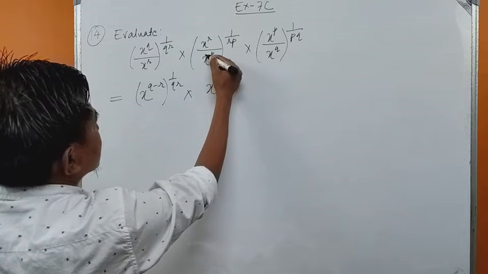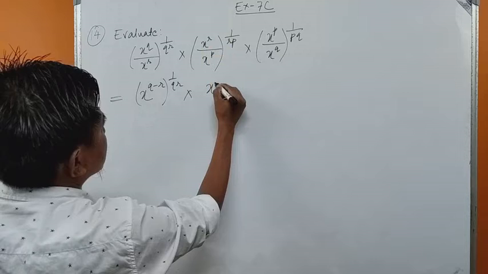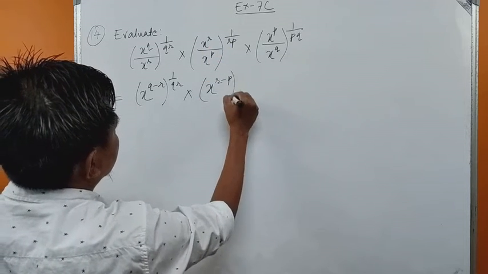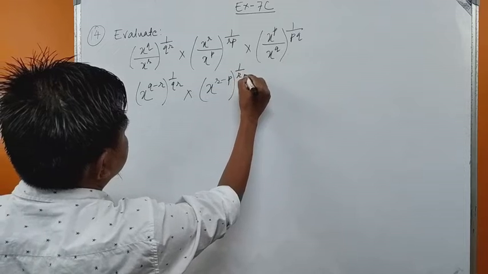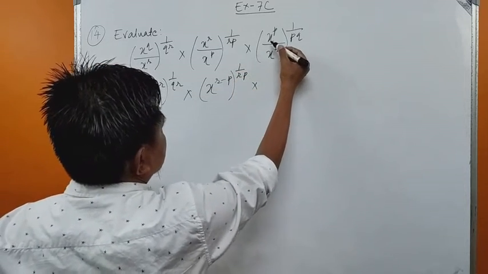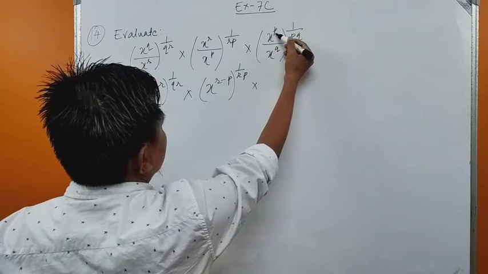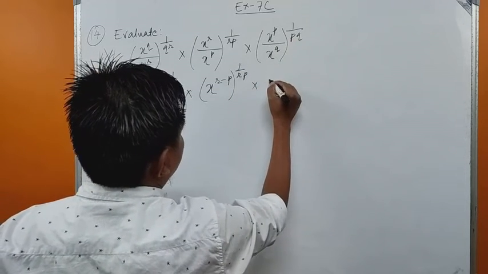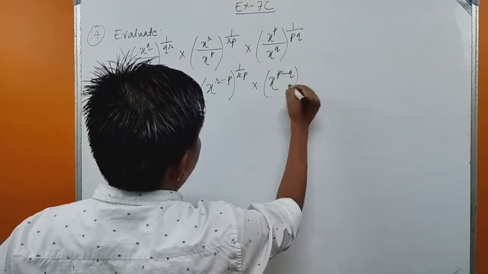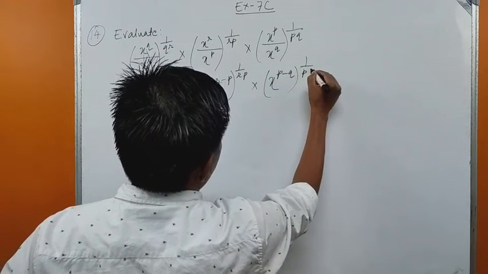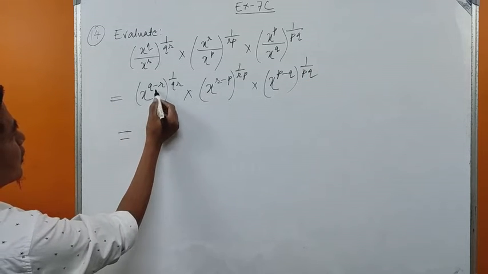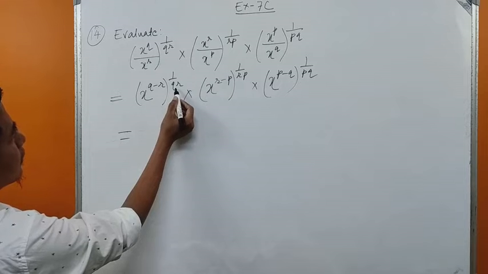Both the bases are equal, x and x, so this becomes r minus p whole to the power 1 upon rp, into x, bases are equal, so this power should be subtracted, x to the power p minus q whole to the power 1 upon pq. So as I told you earlier, this number is in the numerator and this is in the denominator.